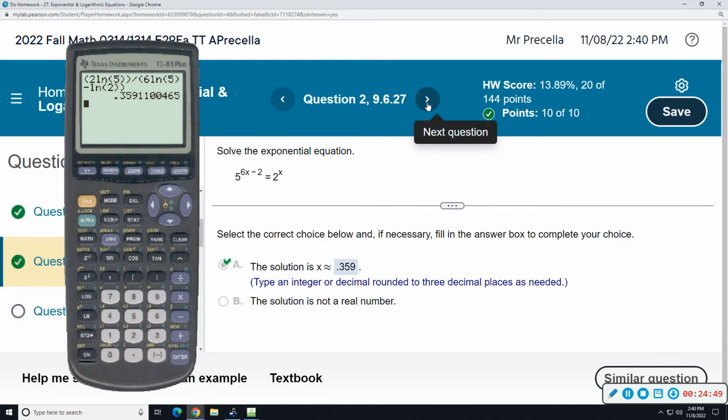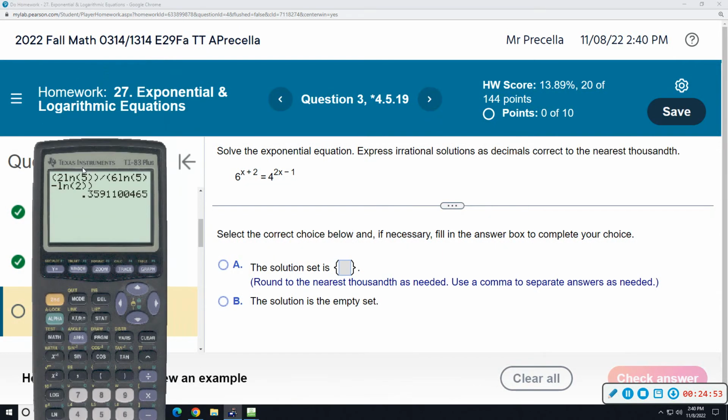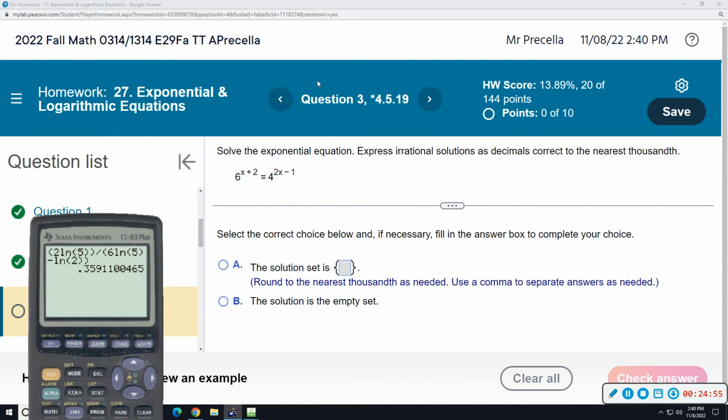Here's another one. Problem 3. Let me write it down. 6 to the x plus 2 power equals 4 to the 2x minus 1 power.